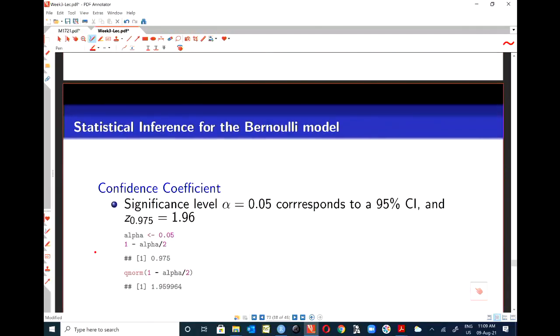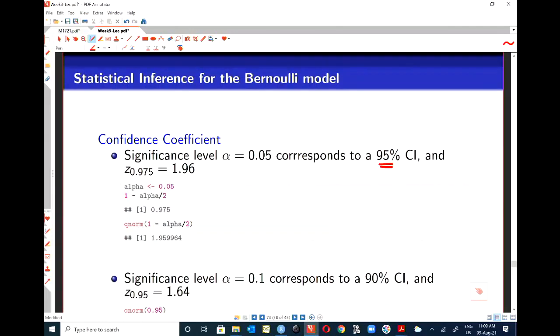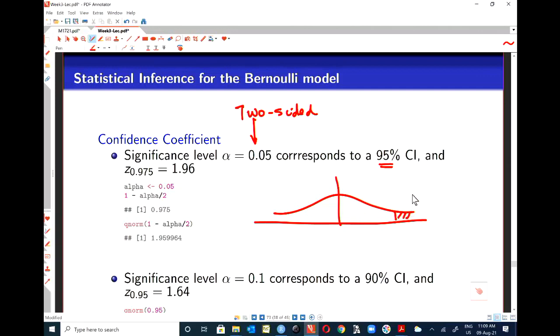So if I continue with that, in this case my significance level is 0.05. That corresponds to a 95% confidence interval. So this is for a two-tail test. The idea is, if I'm looking at a two-sided test, then in my calculation for a 95% confidence interval, the upper tail is 0.025, and in the lower tail I've also got 0.025.